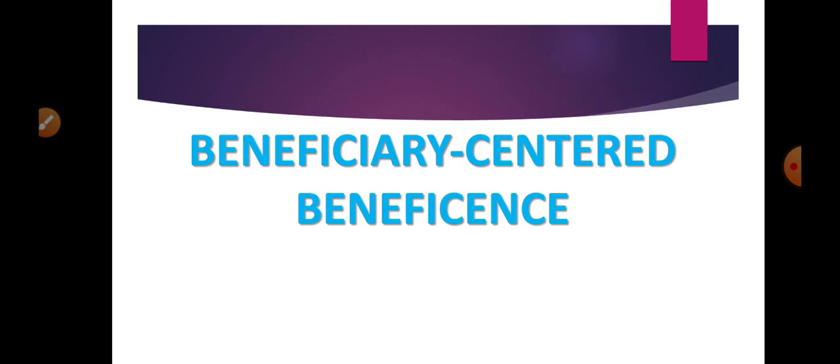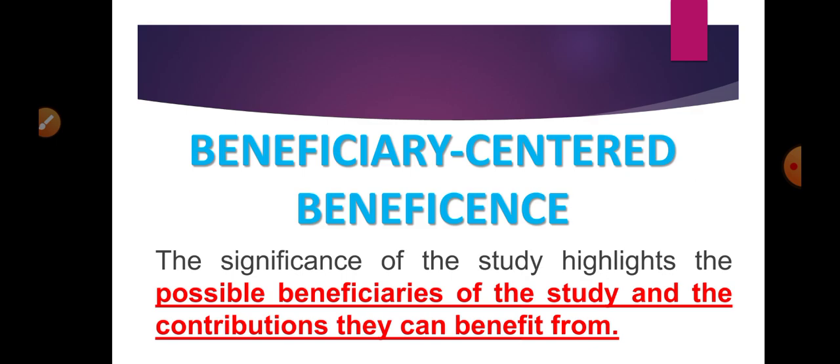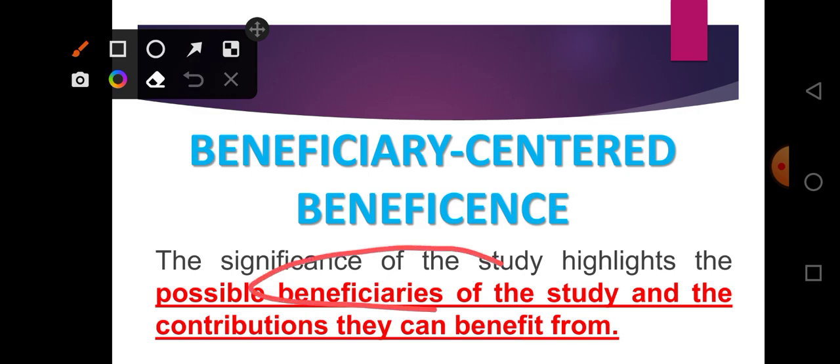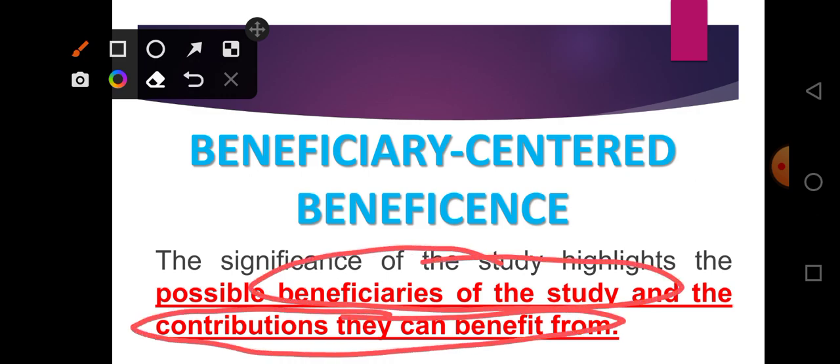So in this format, the significance of the study highlights the possible beneficiaries of the study more than the contributions. Here we highlight the beneficiaries as well as the benefits they can get from the study. However, we put emphasis on the beneficiaries more than the benefits they can gain from the study.